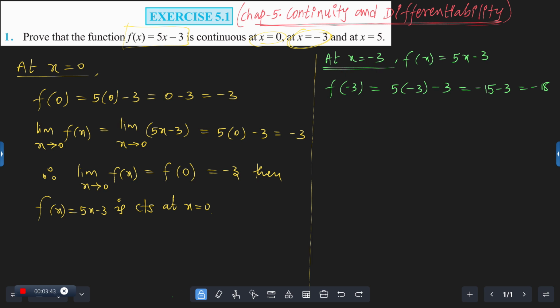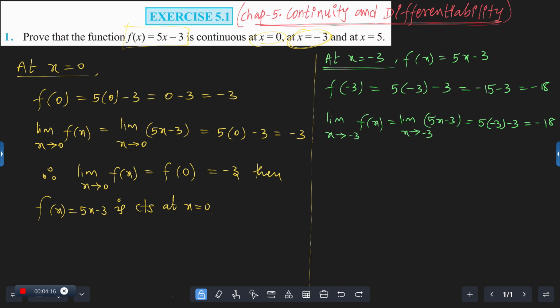Then what about the limit value? Limit x tends to minus 3, f of x. The f of x is 5x minus 3. What does it actually mean? x is approaching minus 3, but we will be replacing x with minus 3 only. Understand? So 5 into minus 3 is equal to minus 18. If you simplify, you will get minus 18.